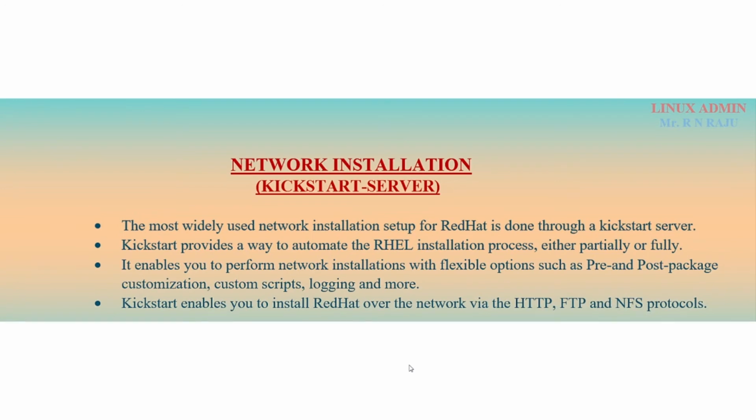So far we completed Linux installation in the manual method, like downloading the image file, creating your own VM and installing the operating system inside the VM. That is manual installation, which is completed. But today we are talking about how to install the same operating system through the network.